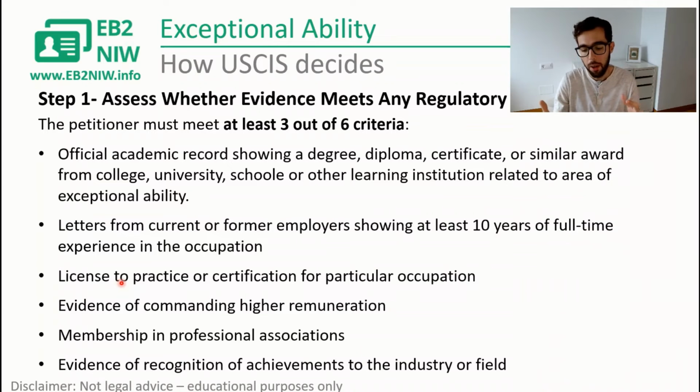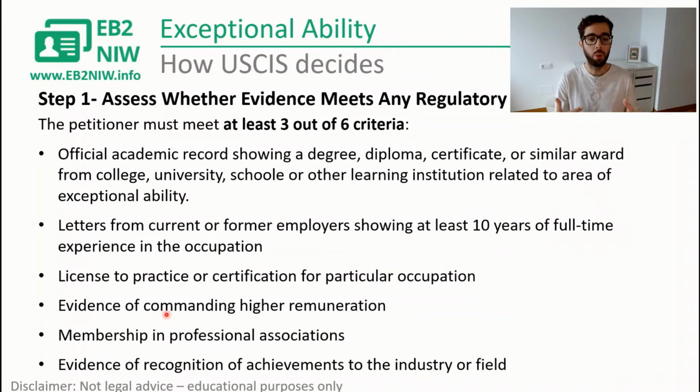If your profession, let's say you are an engineer and it requires that you have a certain license to practice, a PE, for example, in the US or something equivalent in your country, then you can show that. Evidence of commanding a higher salary or higher remuneration.